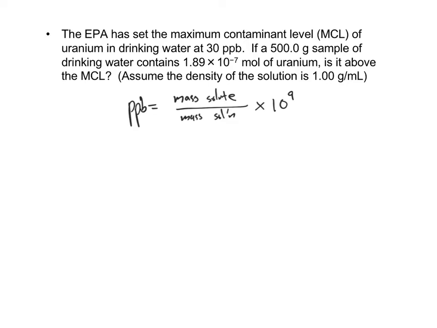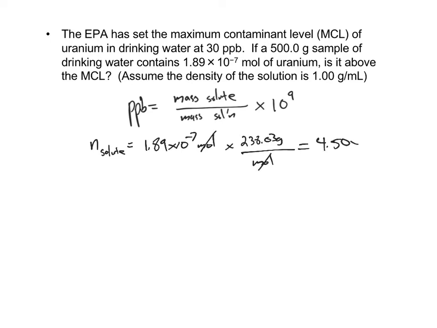And so my moles of uranium, or the solute, times the molar mass, and so I have 4.50 times 10 to the minus 5 grams of solute.